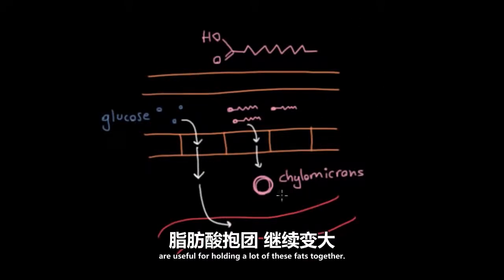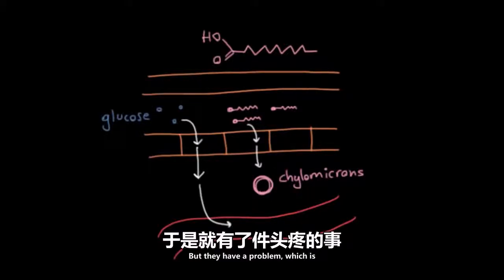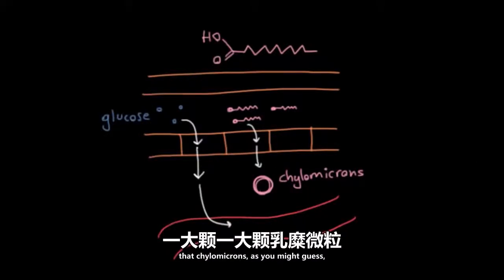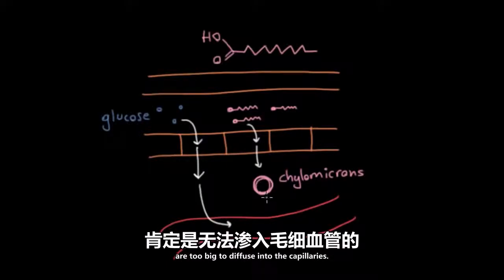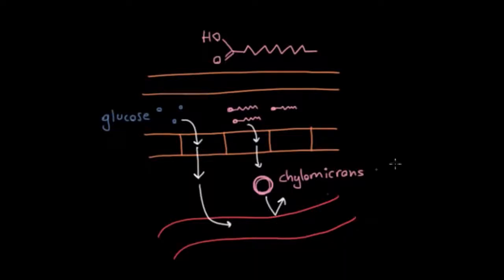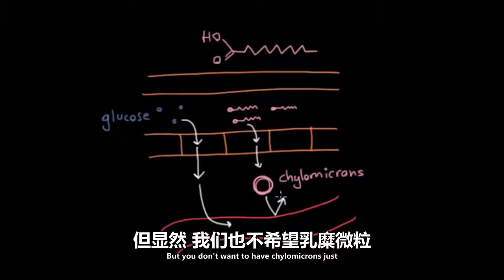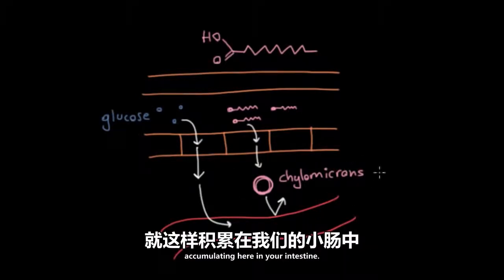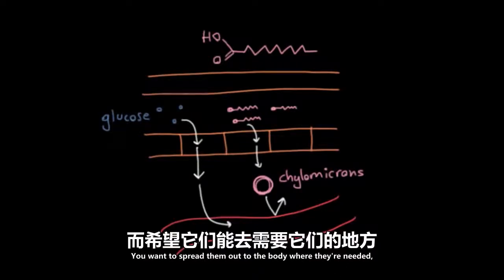And these chylomicrons are useful for holding a lot of these fats together. But they have a problem, which is that chylomicrons, as you might guess, are too big to diffuse into the capillaries, so they can't do that. But you don't want to have chylomicrons just accumulating here in your intestine. You want to spread them out to the body where they're needed.